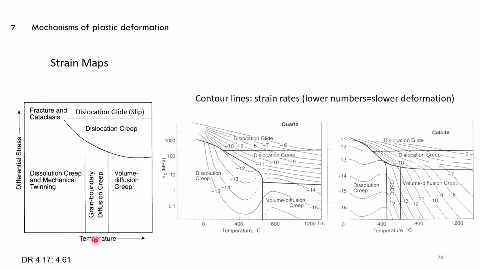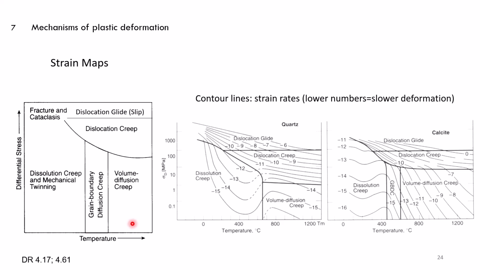With increasing temperature, more diffusion-dependent processes become possible. The first one would be grain boundary diffusion creep, which works at relatively low and moderate differential stresses and temperatures sufficiently high for diffusion in the present mineral species.